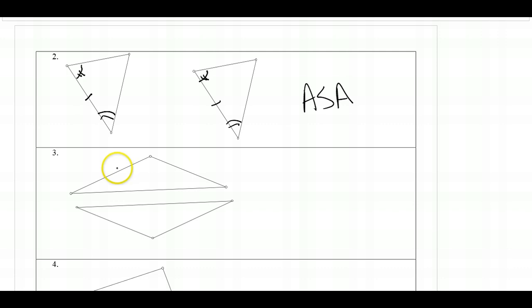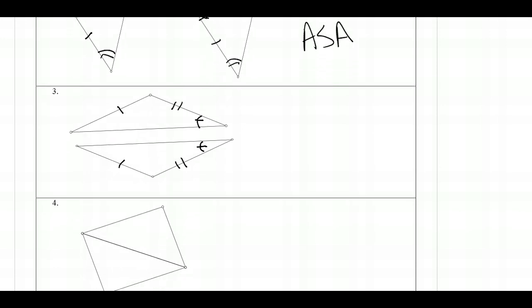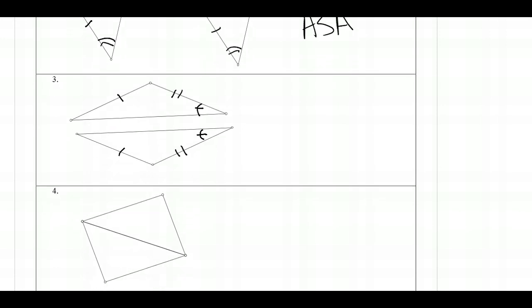So let's take a look at this one. Let's say we've got these congruent and these congruent, and these angles over here congruent. So in this one we've got 2 pair of sides and a pair of angles. So if you want to pause the video and see if you can come up with a way to prove these triangles congruent.